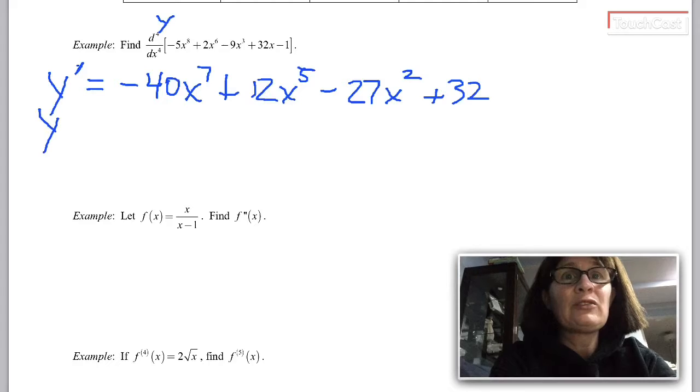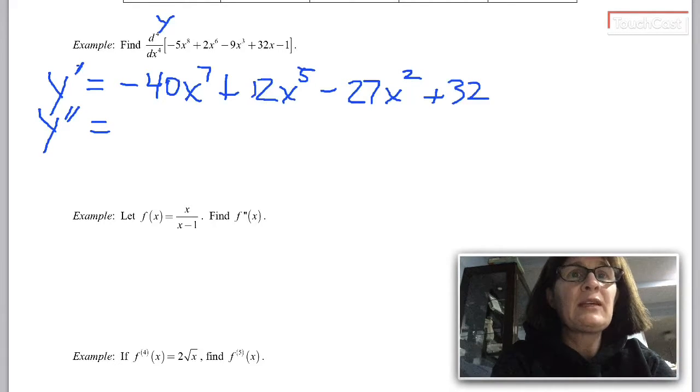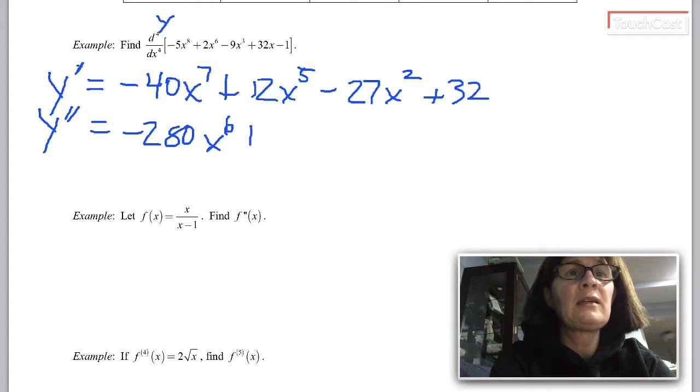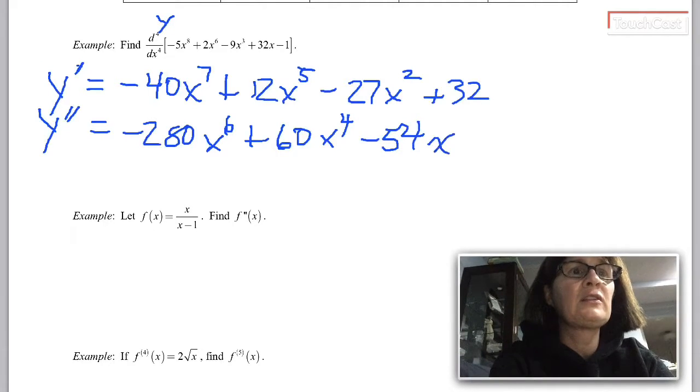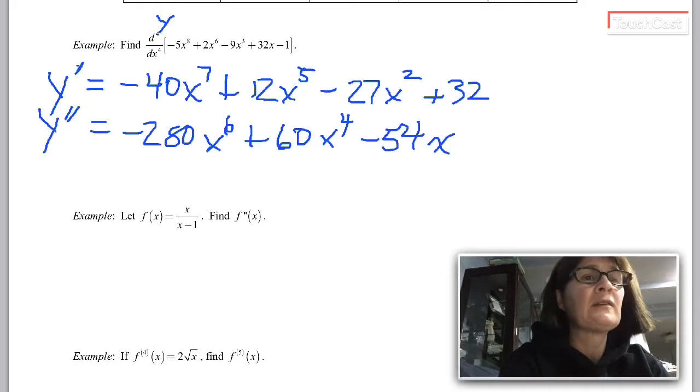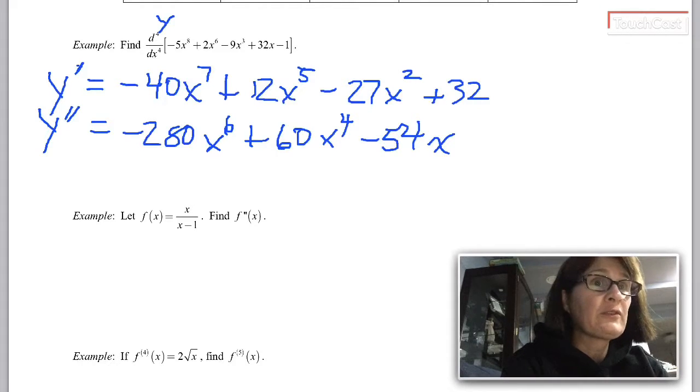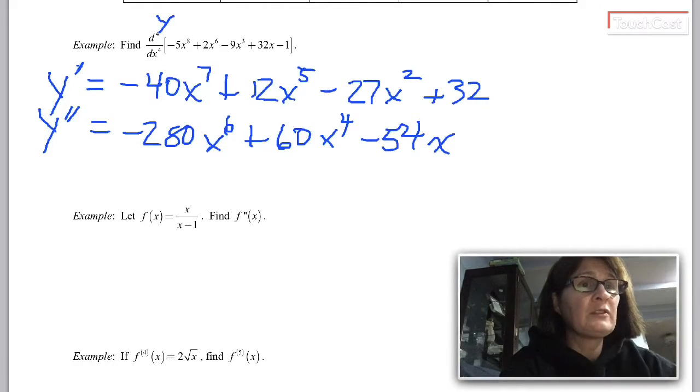I need to take the second derivative now. The second derivative is going to be 7 times negative 40 is negative 280 x to the 6th plus 60 x to the 4th minus 54 x to the 1st. So I could just write x. 54, that was from the exponent 2 coming to the front to multiply the 27 that was there.